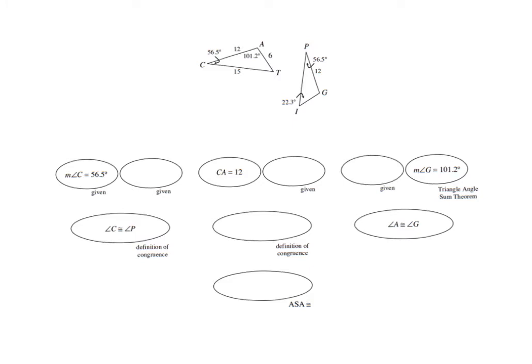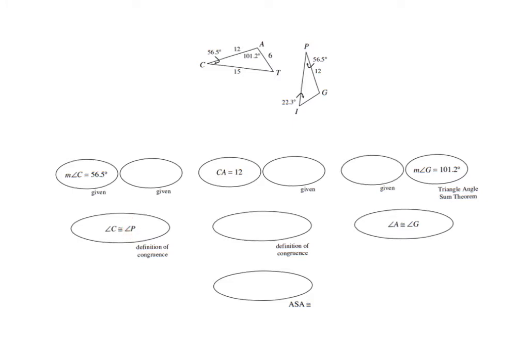If I look carefully, I notice that in this oval, I'm talking about the measure of angle C, and then I have an empty oval here, so something else is related to angle C. And then when I look at my next level, I see that I am saying that angle C and angle P are congruent. Therefore, this empty given bubble must be something about the measure of angle P.